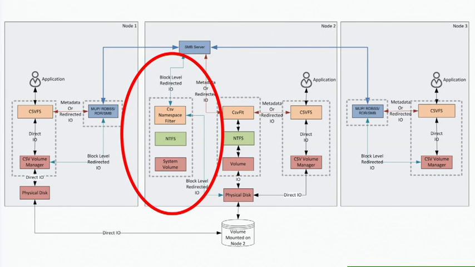We are going to redirect I/O block level through SMB to the SMB server, and it's going to be sent to the CSV namespace filter. This filter has the smarts to determine that this is block level redirection. We do not want it to traverse through the NTFS file system stack a second time. It's going to route this I/O directly to disk.sys, and it's going to be sent to the storage.